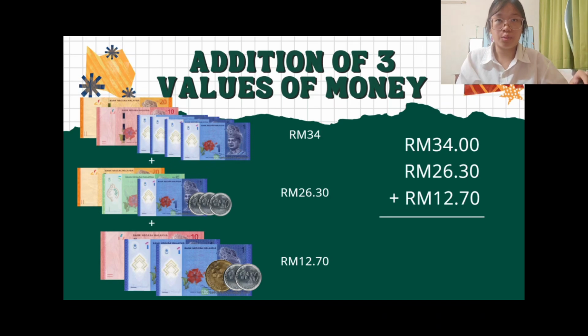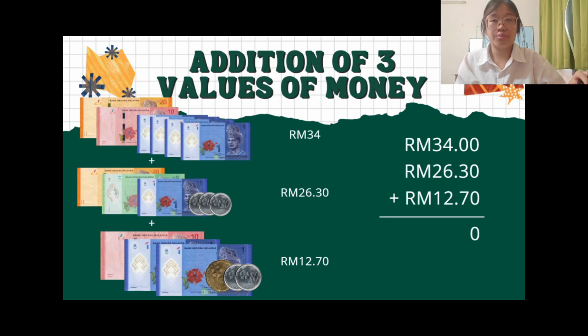Let's see the first row. The first row we have 0, 0, and 0. So it is very easy and we don't need to separate it into 2 parts. So we get the answer of 0. Next, let's see the second row. We have 0, 3, and 7.